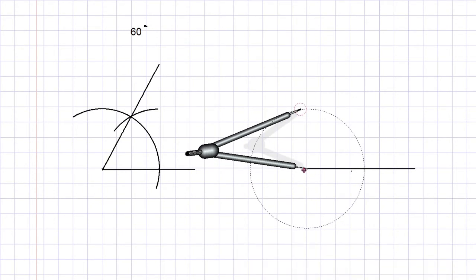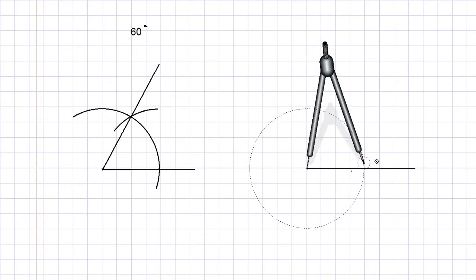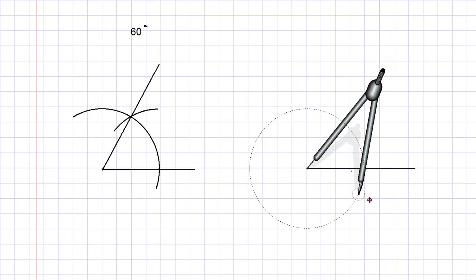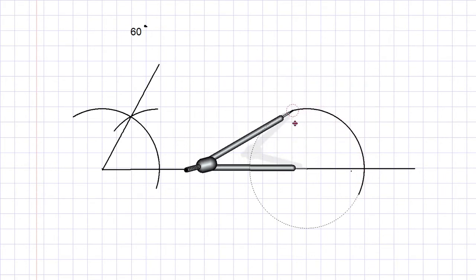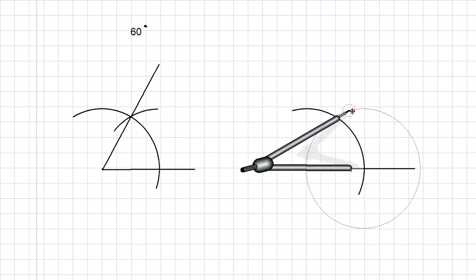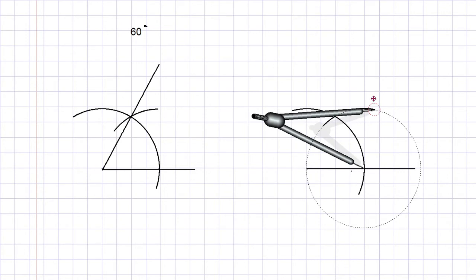Place it in the correct place. Now draw the arc. Now without changing the distance between the tip of the pencil and the tip of the compass, cross the previous arc. Place here, cross that previous arc. So this is 60 degrees.